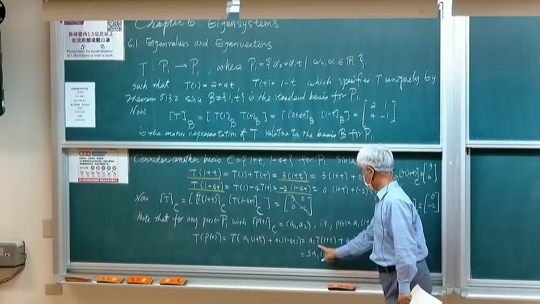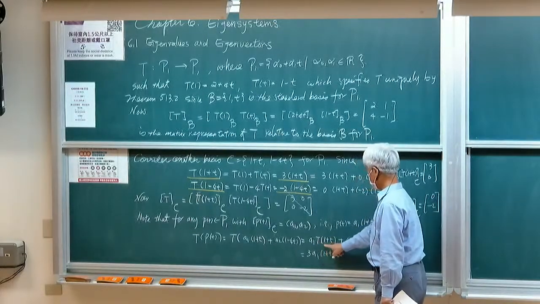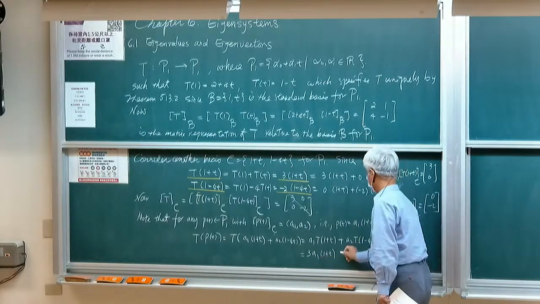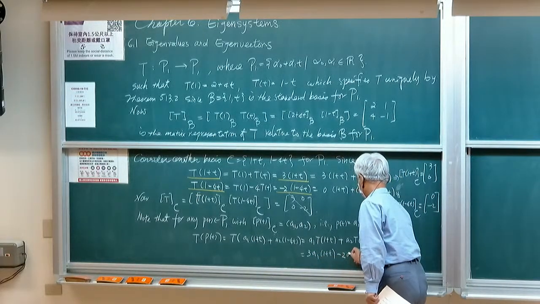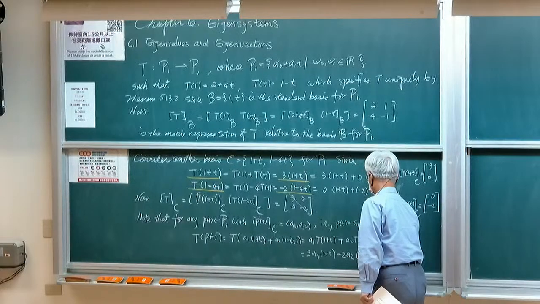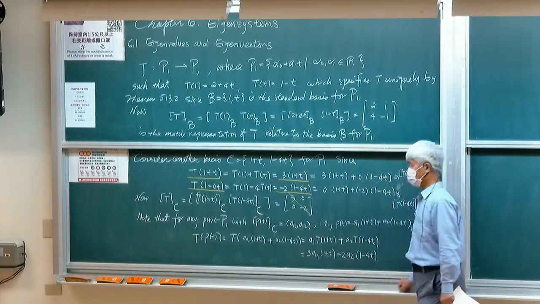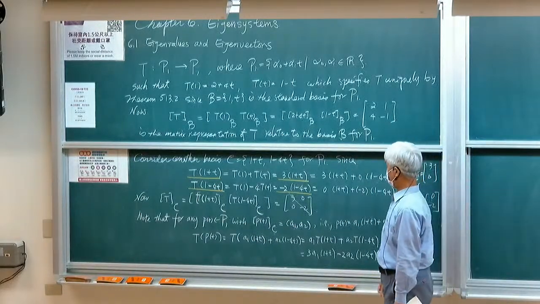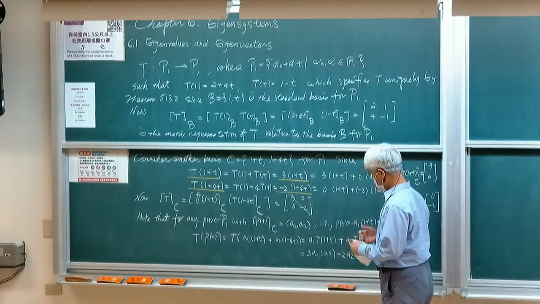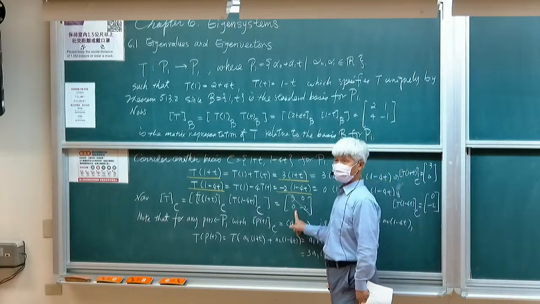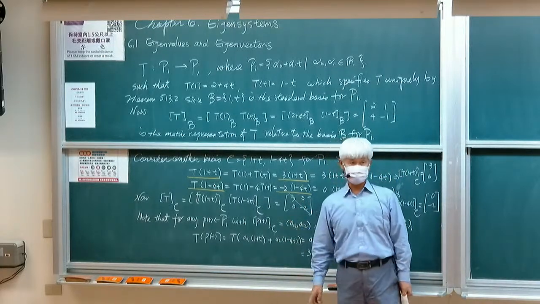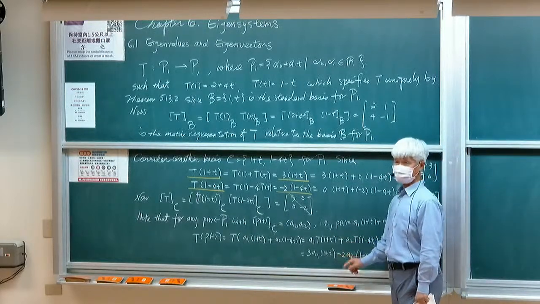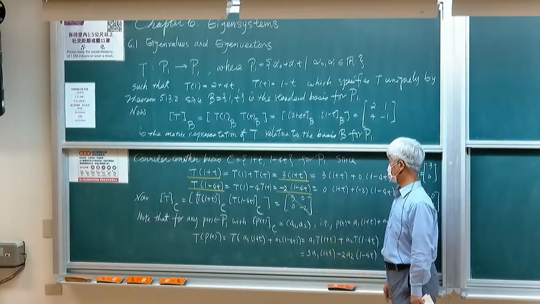So we can write down immediately, here we have a2 times (1 minus 4t). So a diagonal matrix representation facilitates our computation of the transformation of the images.